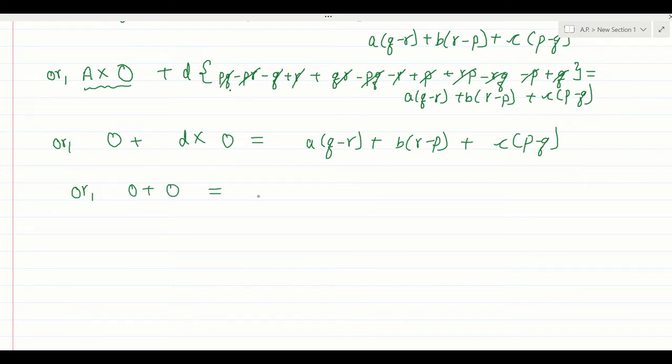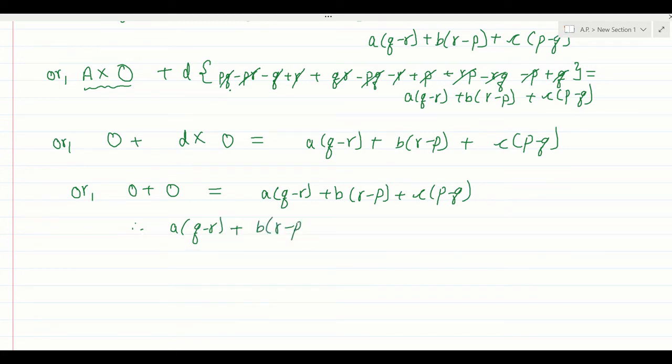How much is 0 plus 0? 0. Okay. So right hand side I am copying a(q − r) + b(r − p) + c(p − q) as it is. So therefore we get a(q − r) + b(r − p) + c(p − q) equal to 0, which was to be proved. I hope this is clear. Now let's go to next question.